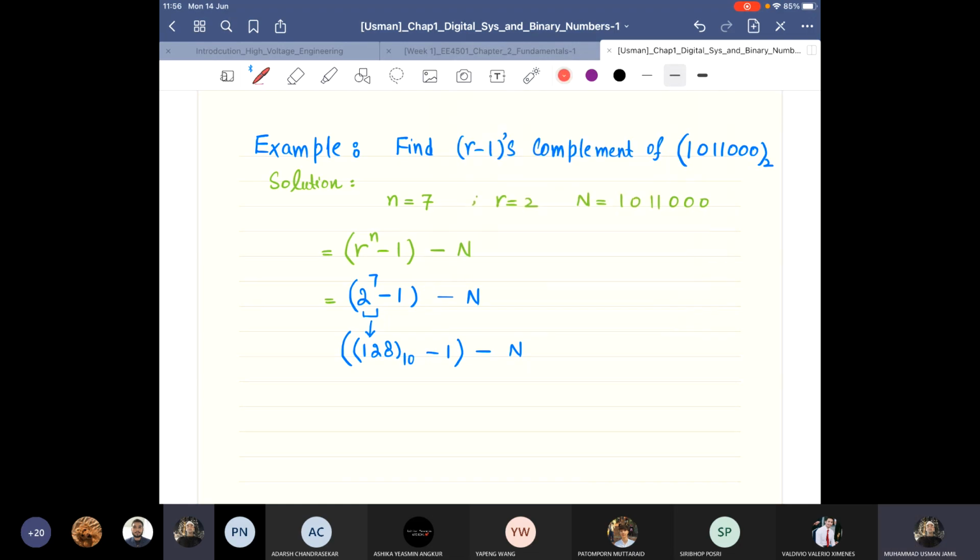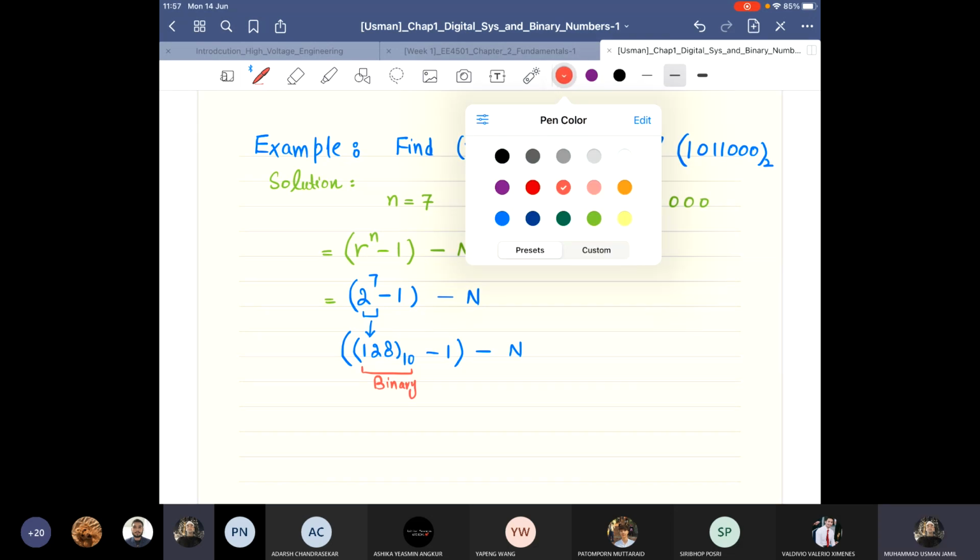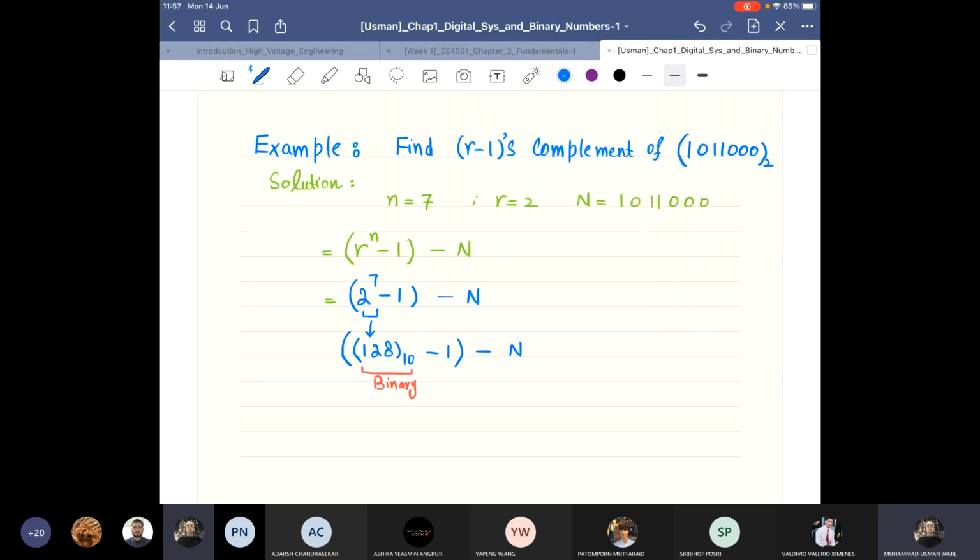Now convert this to binary. So binary, when you convert in binary, so you can get 1 0 0. So you can see now, if you remember, minus 1 minus n is 1 0 1 1 0 0 0.